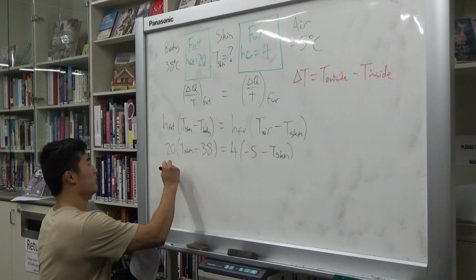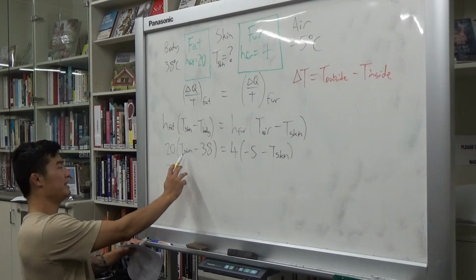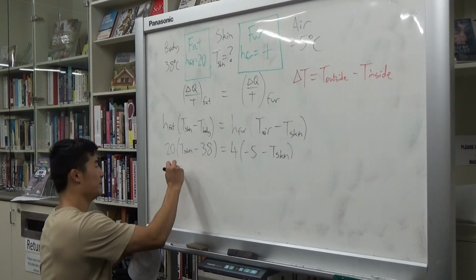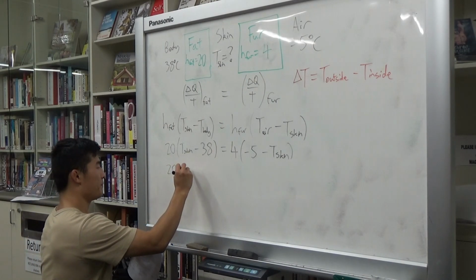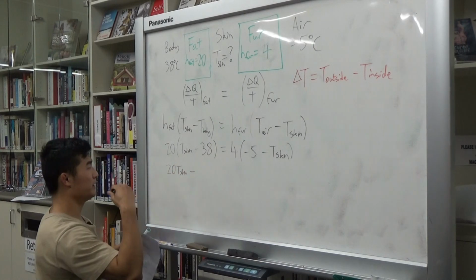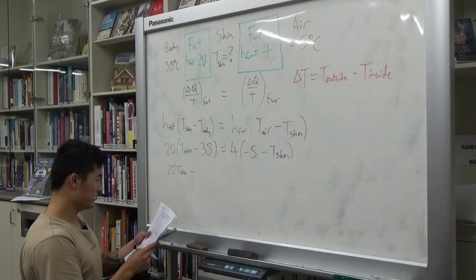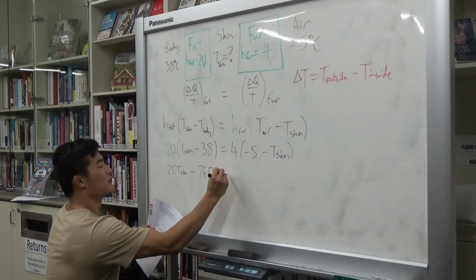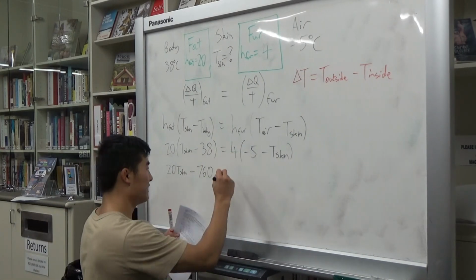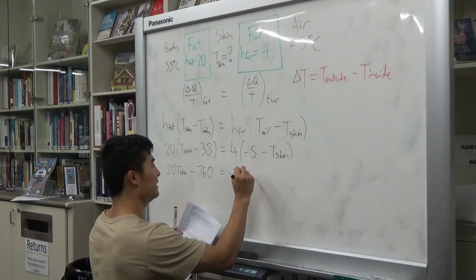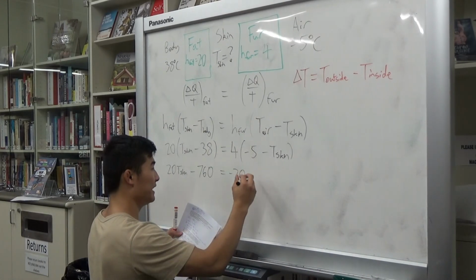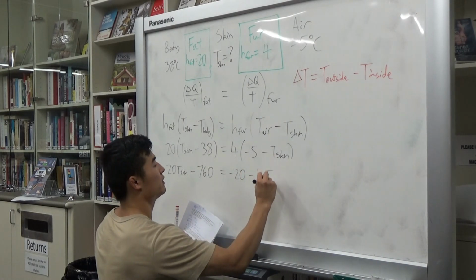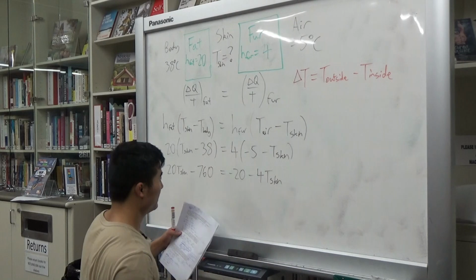Okay. So we're going to multiply 20 times T skin and 20 times -38. So 20 times T skin minus 20 times 38, which is 760. And then 4 times -5 is -20. And then 4 times negative T skin is going to be 4 times T skin.